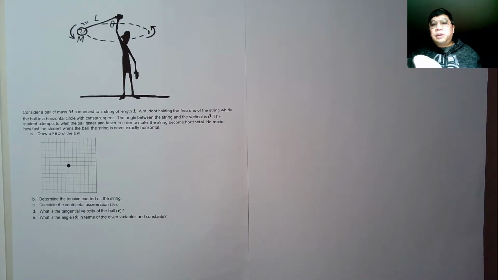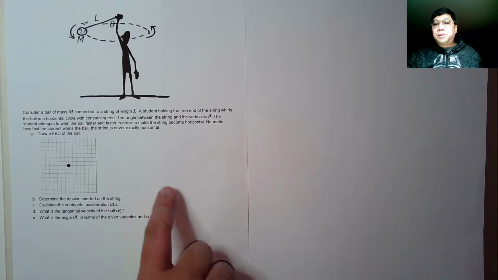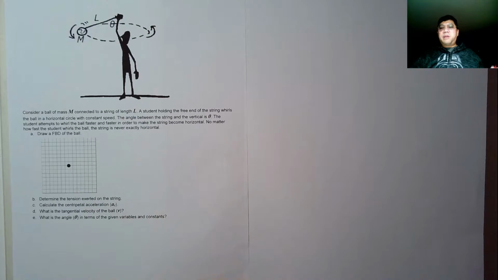The student attempts to whirl the ball faster and faster in order to make the string become horizontal. No matter how fast the student whirls the ball, the string is never exactly horizontal. Those kinds of questions might come up. Maybe I will upload another video that will show you the solution to why we cannot have a perfect horizontal line on a conical pendulum.